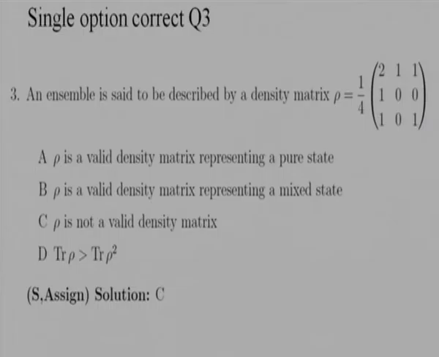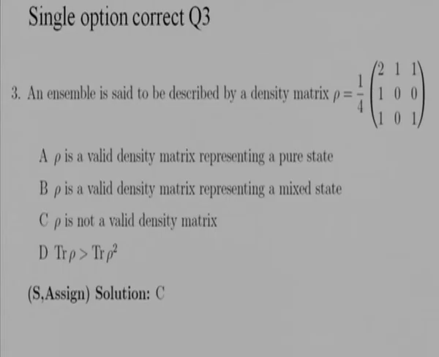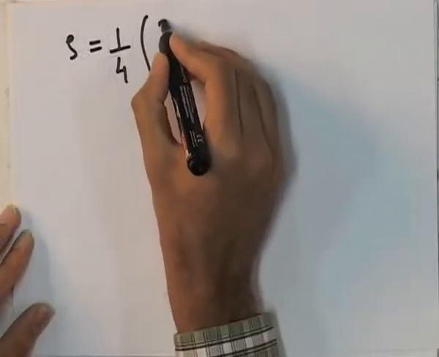Now in question 3, a matrix has been given to us and it has been claimed that this matrix represents a density matrix. What we need to find out is whether this matrix really does represent a density matrix, and if it does, whether it corresponds to a pure state or a mixed state. The given matrix is 1 by 4 times 2, 1, 1.